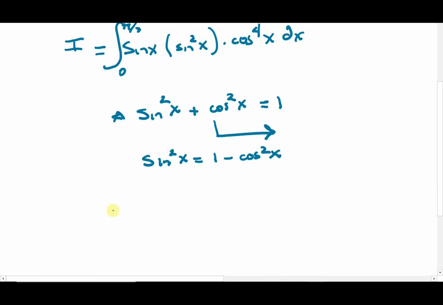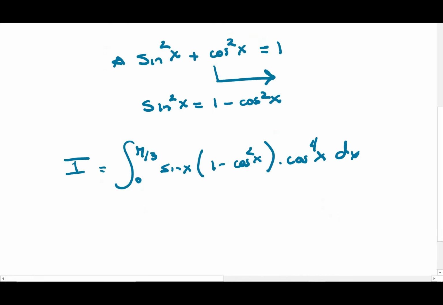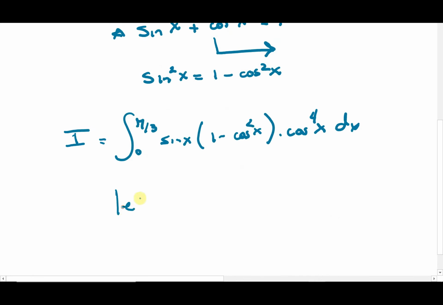So therefore, now the integral becomes 0 to pi thirds, sine x times (1 minus cosine squared x) times cosine of 4x dx. So in this case, we let u equal cosine x.